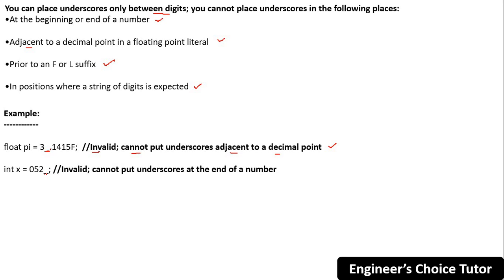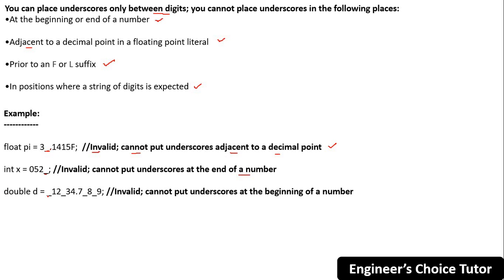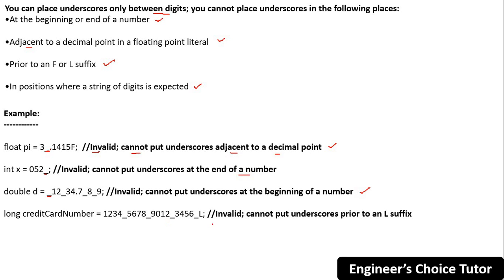Same here, at the end. You can't place it at the end of the number, it is also invalid. Next, at the start of the number it is also invalid. Now, long credit card: as I said, prior to an F or L suffix is not allowed. Before L I am using an underscore, so it is invalid. Fine.